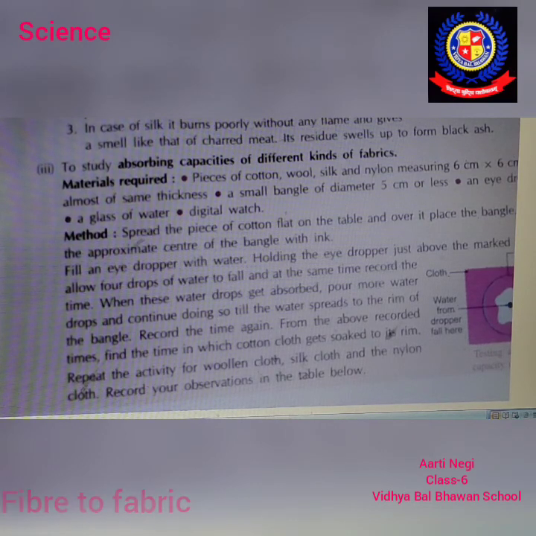Again you need different fabrics like cotton, wool, silk and nylon, and then you need a bangle, an eyedropper, a glass of water, and a digital watch to record the time. Now spread the different cloth materials on the table, and over it place a bangle and mark approximately the center of the bangle with ink.